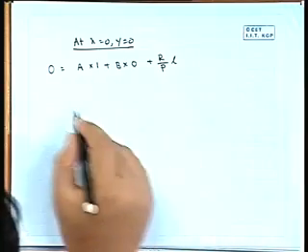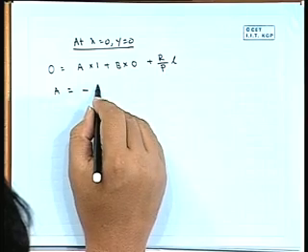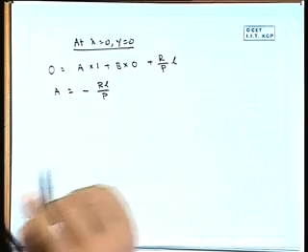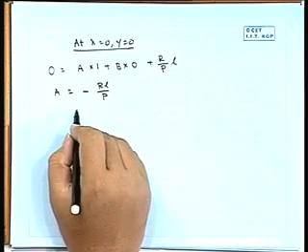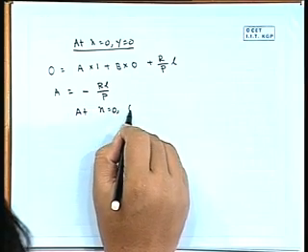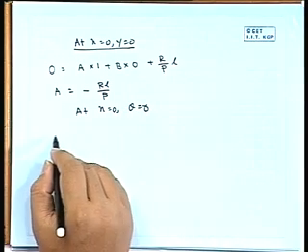So you can say a is equal to minus r L by p. Now the next boundary is at x equal to 0, theta equal to 0.